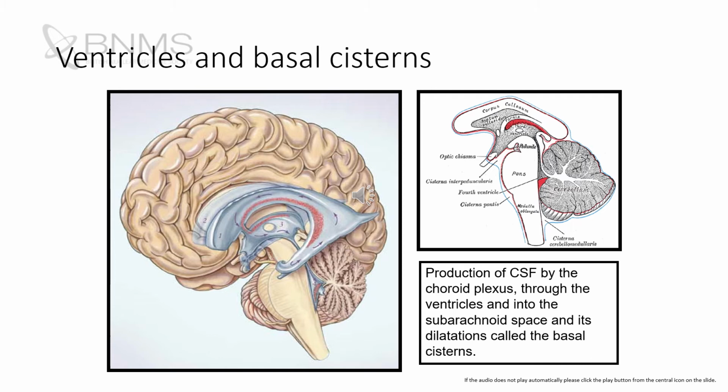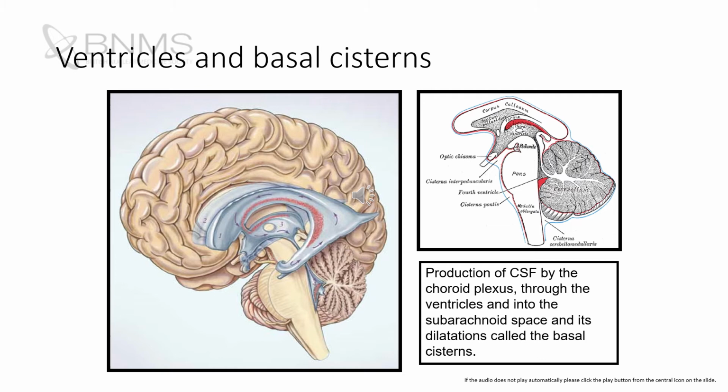In these cartoons we can review the production of CSF. CSF is produced by the choroid plexus within the lateral ventricles, which we have seen on previous CT scanning.